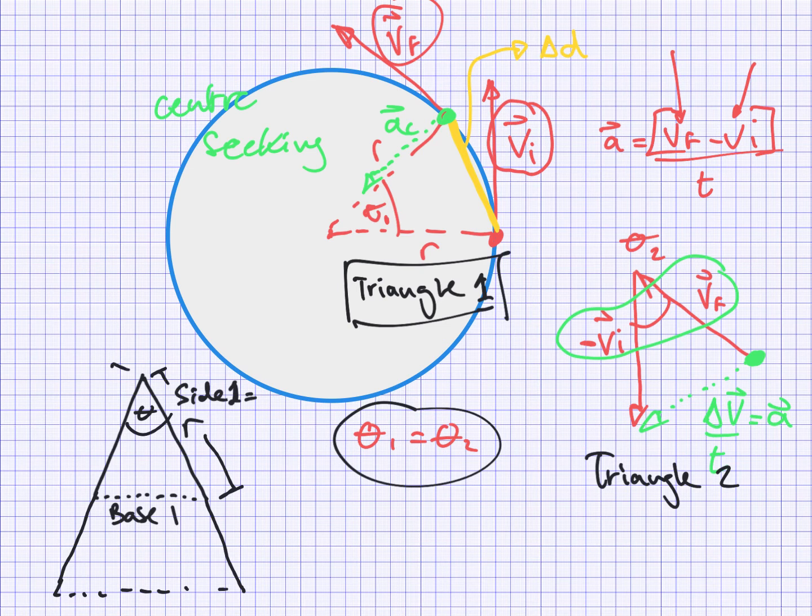This time it's triangle 2. So the side of triangle 2 is the velocity. Okay, that's triangle 2. And the base would be, this is base 2. Base 2 is the delta velocity, delta speed, the change in that speed there, or the change in the velocity.